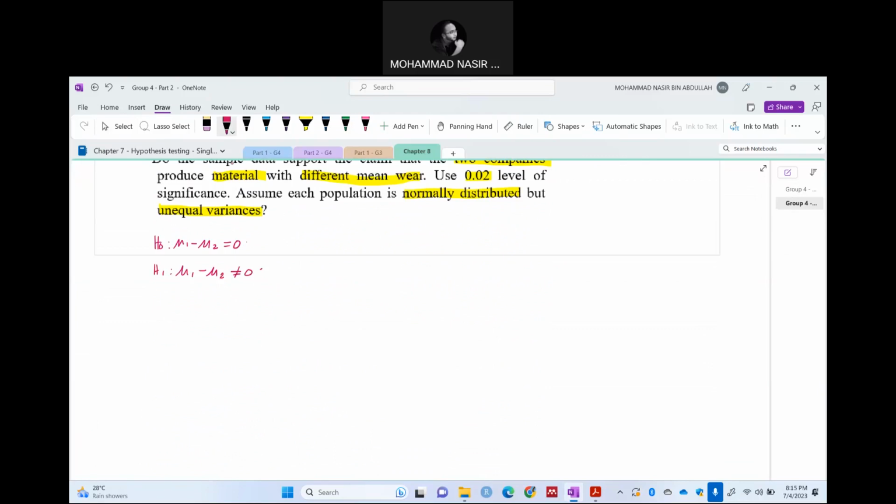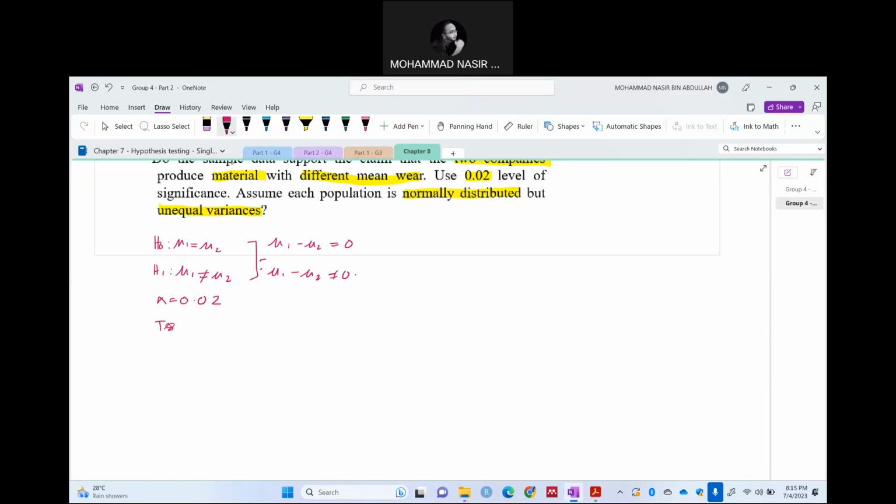So basically the original hypothesis will be mu1 equal to mu2. This is not equal to mu2. So we can manipulate, we become mu1 minus mu2 equal to 0. And this one not equal to 0, right? So alpha in our case is 0.02.